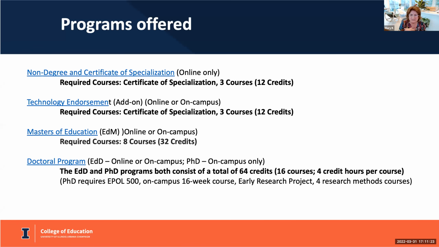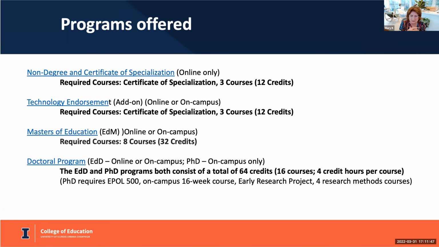So what are the programs that we offer? Very wide range of programs. We offer non-degree and certificate specializations, and you can see there what the requirements are. These are online only. We offer a technology endorsement, which is also online or on campus, and the requirements are there listed for you.